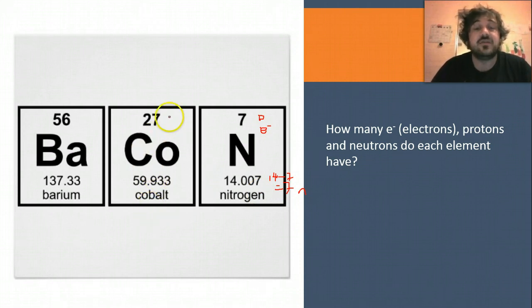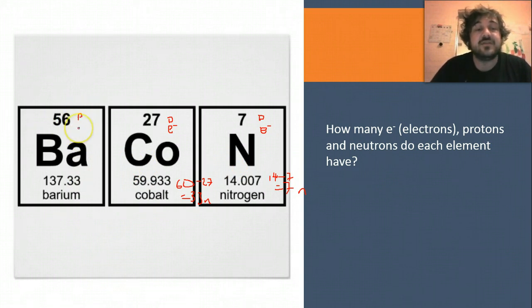That's fairly straightforward. Cobalt has 27 protons, 27 electrons, and it has 60 minus 27, which equals 33 neutrons. Okay, so that's how it is. Barium is going to be a bit trickier.